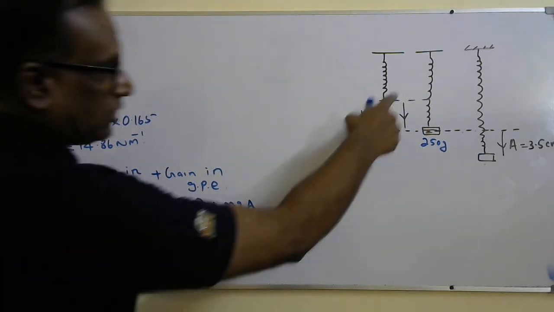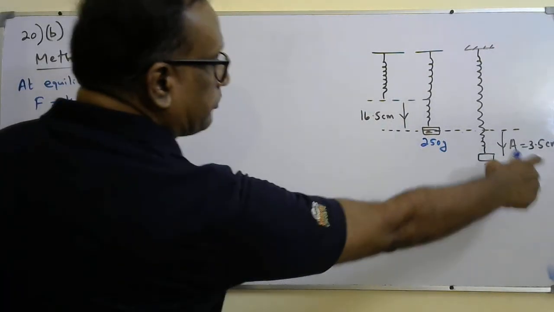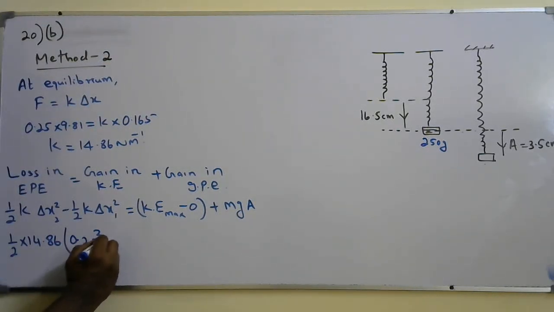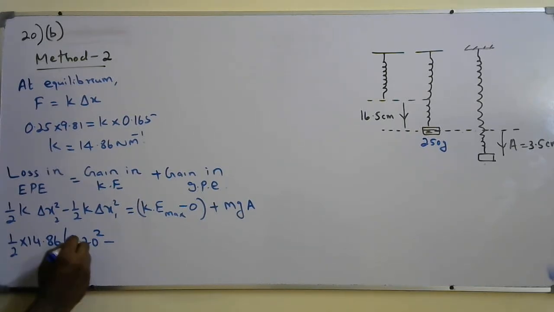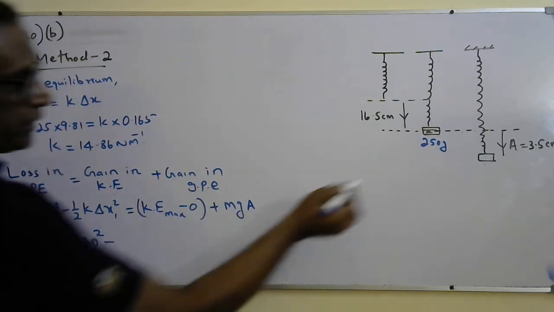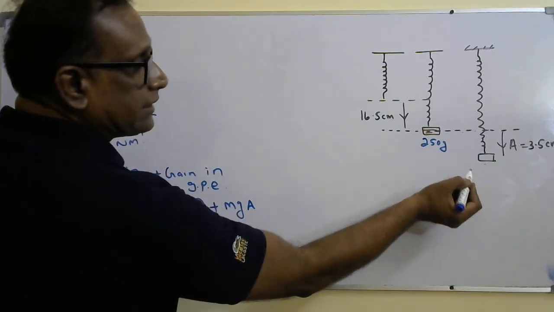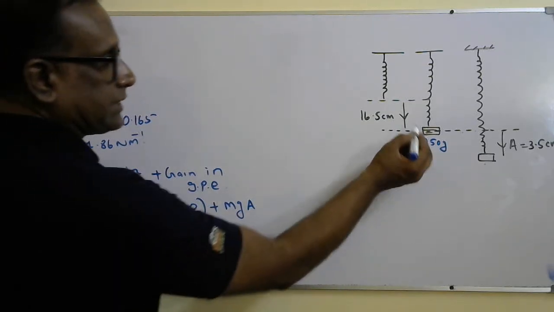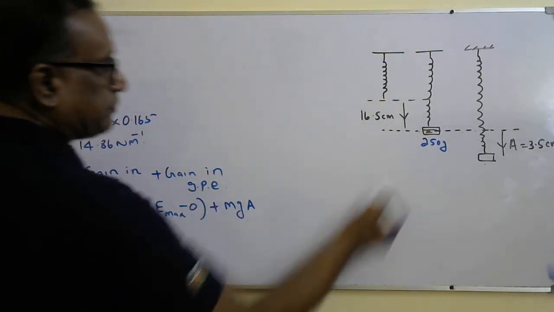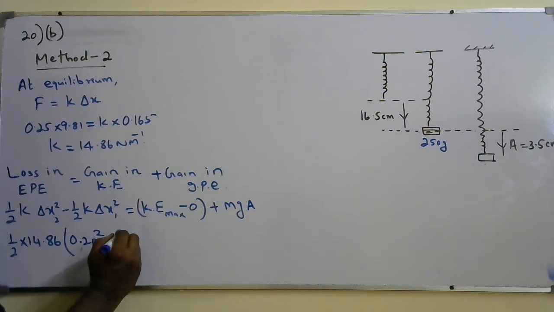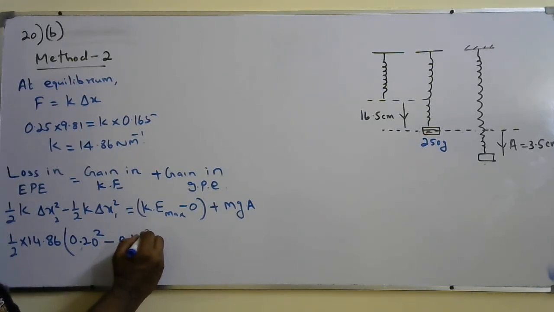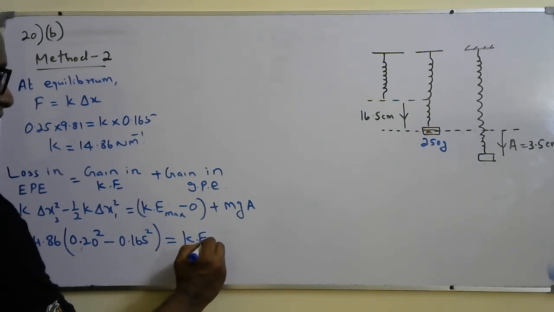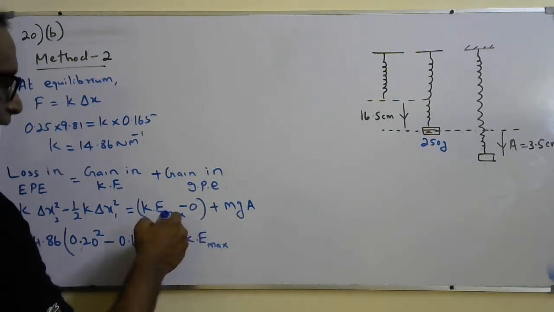Delta x2 is 16.5 plus 3.5, that is 20 centimeters, convert to meters, 0.20 squared, minus delta x1 squared at the equilibrium position, because I know the maximum kinetic energy occurs at the equilibrium position. At this position the extension is 16.5, so 0.165 squared, equal to KE max, which I need to find, minus 0, leave it.